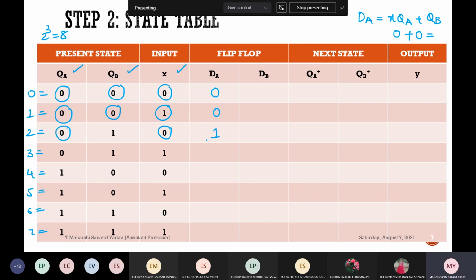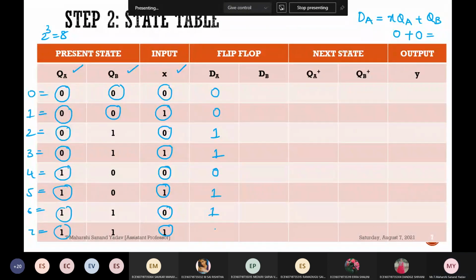So here we'll get 1. Can you fill this table now? So 1 into 0 is 0 plus 1 is 1. So here we get 0. This is 1. This is again 1. This is 1. So we are done with dA.